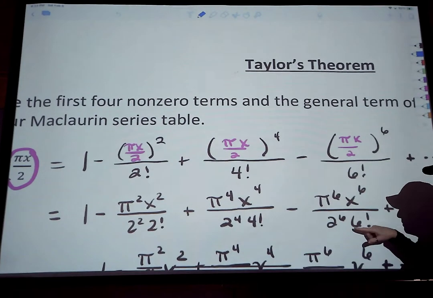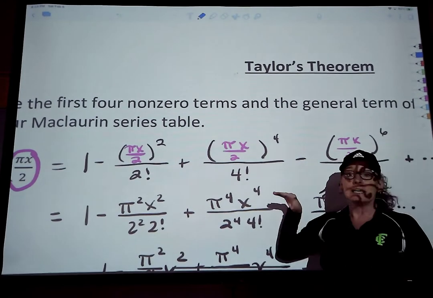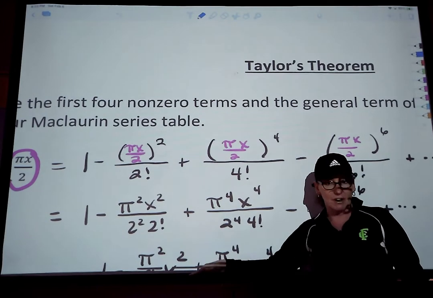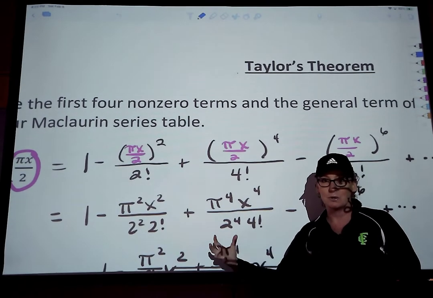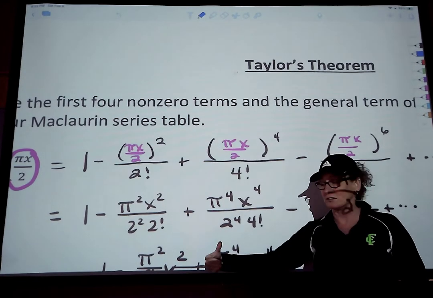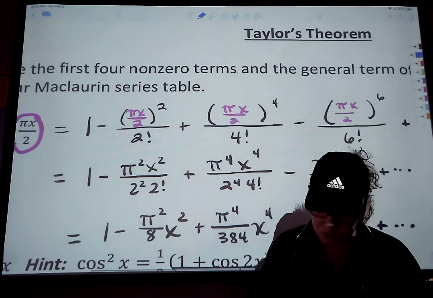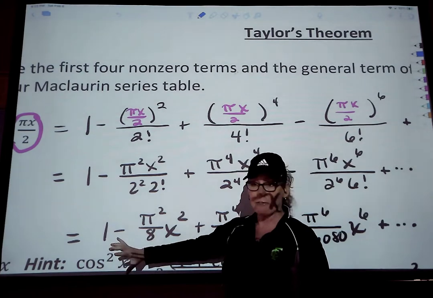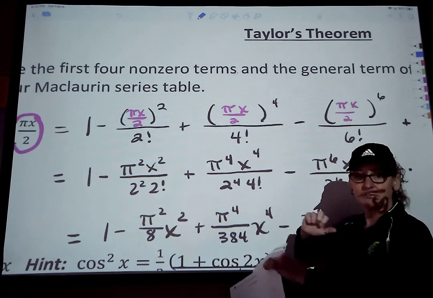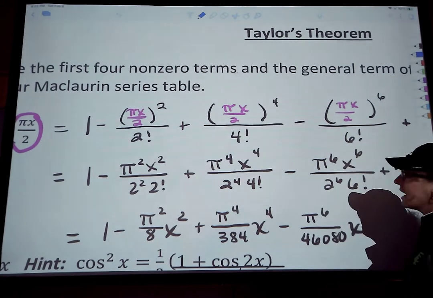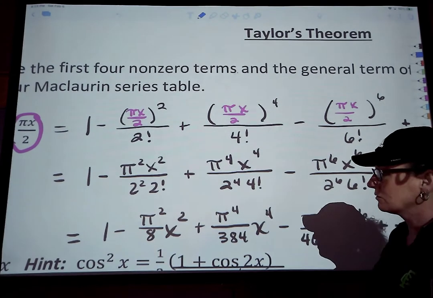Raise this to the 6th, move that down. I'm going to keep going to simplify it for the answer to the question when it asks for the first 4 non-zero terms. So this is half of my answer. The first 4 non-zero terms simplified. So I have multiplied everything out.